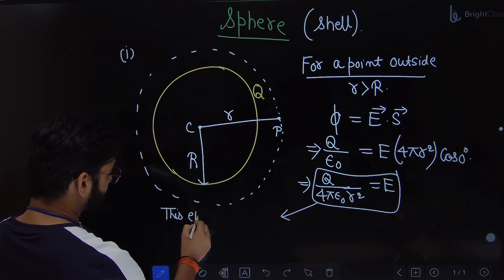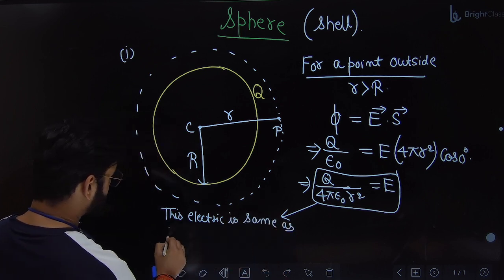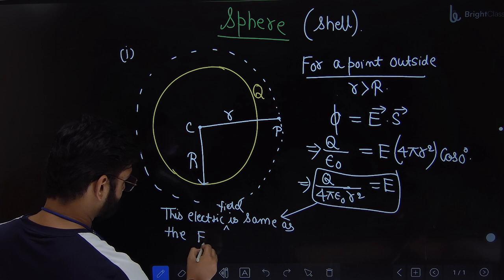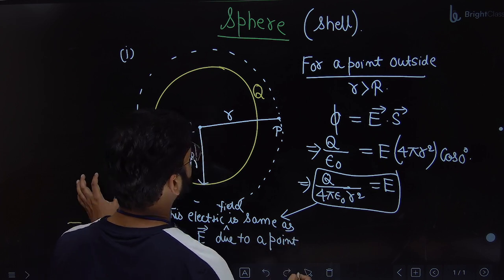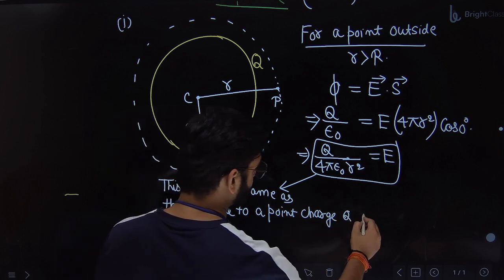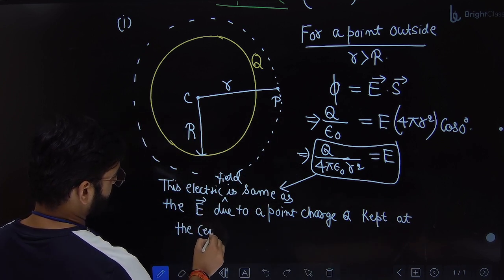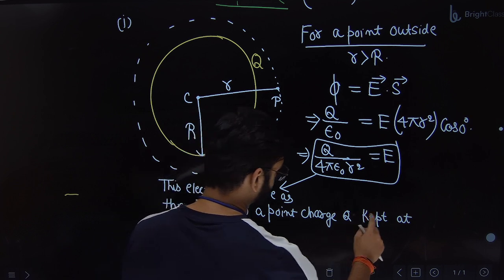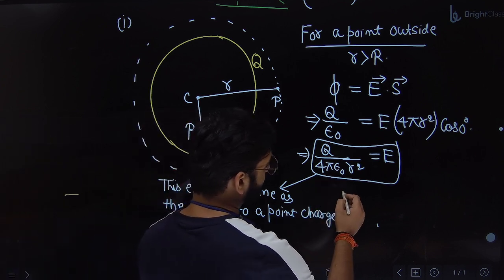This electric field is same as the electric field due to a point charge capital Q kept at the center. 1 by 4 pi epsilon naught is how much?